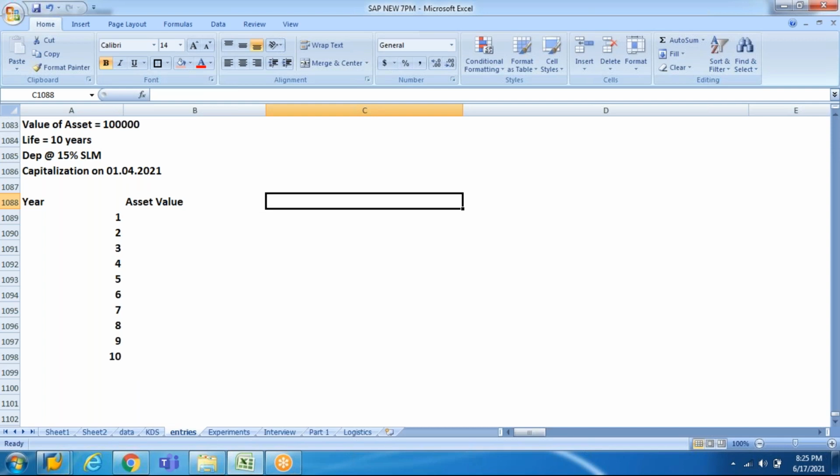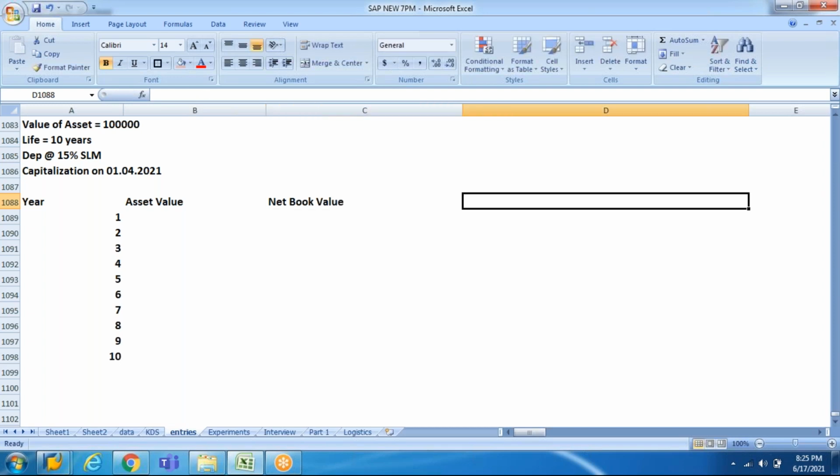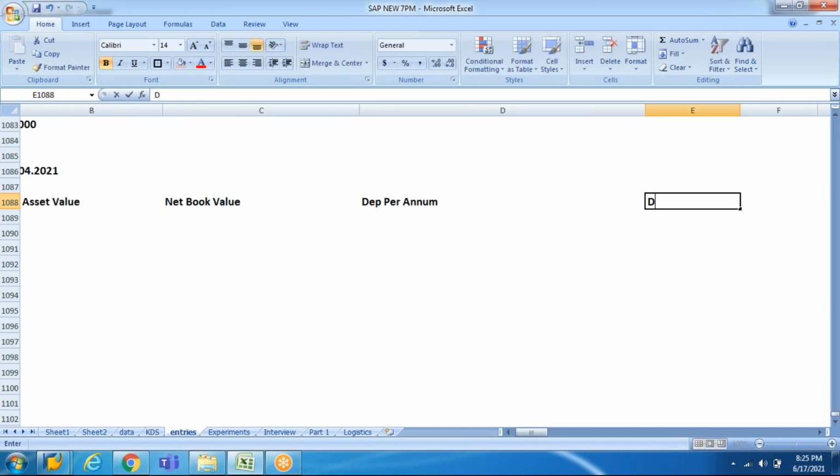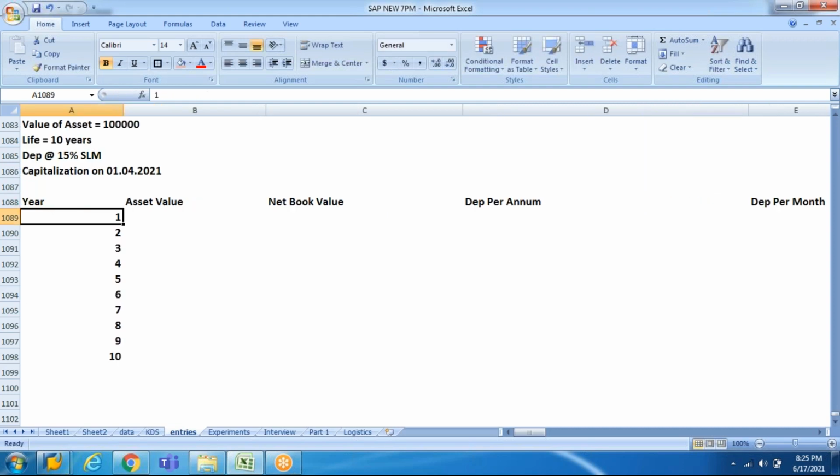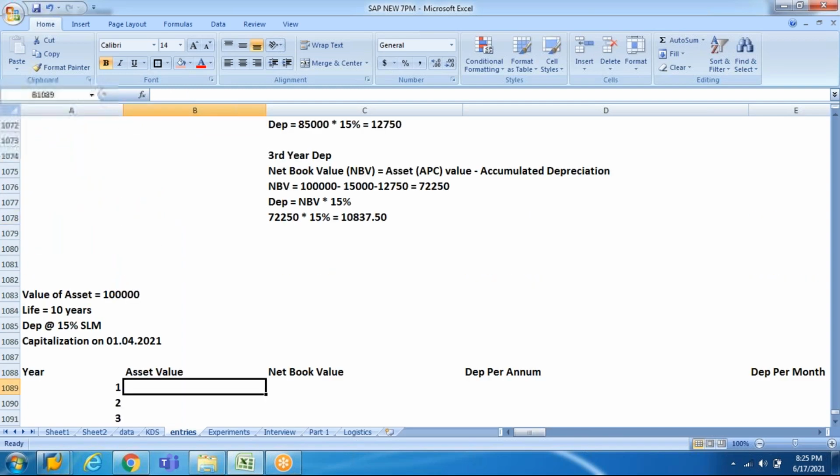Asset value, and let me take net book value. Depreciation per annum. Depreciation per month. Okay. And all these are there.